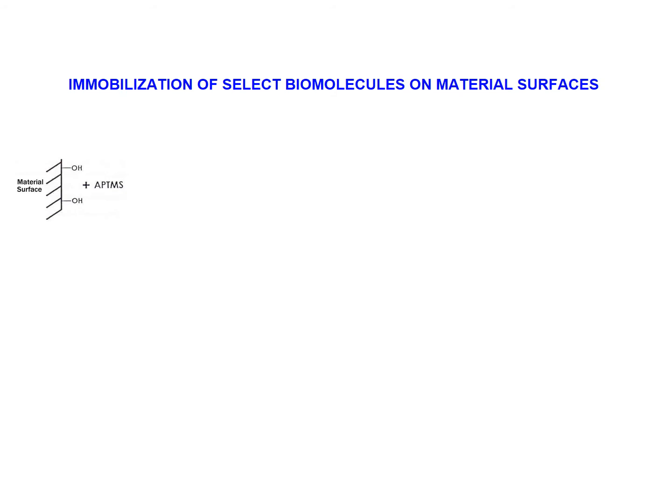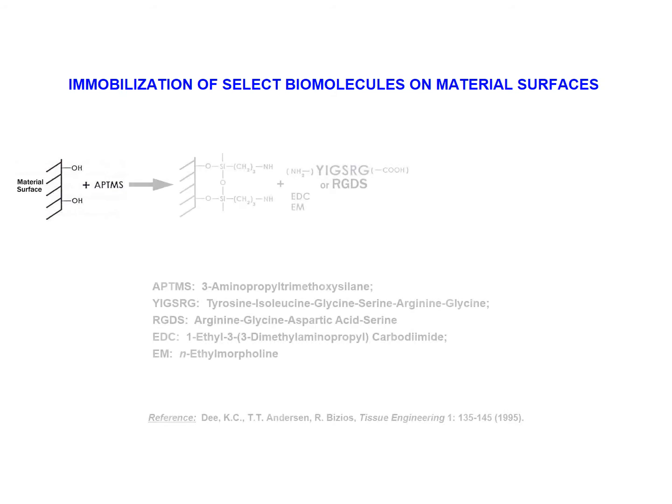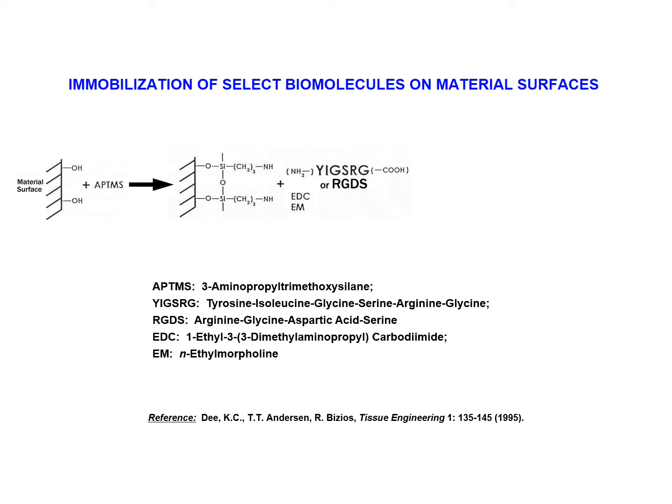This chemical technique took advantage of the presence of the OH group, the hydroxy group, on the surface of materials, and subsequently brought in a process which is called silination. In this particular case, this particular group presented a free amine group, the NH2 group here.